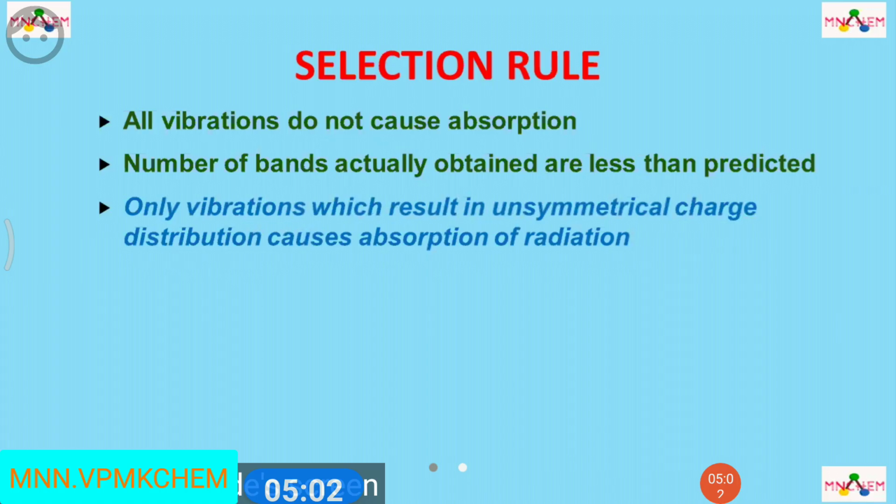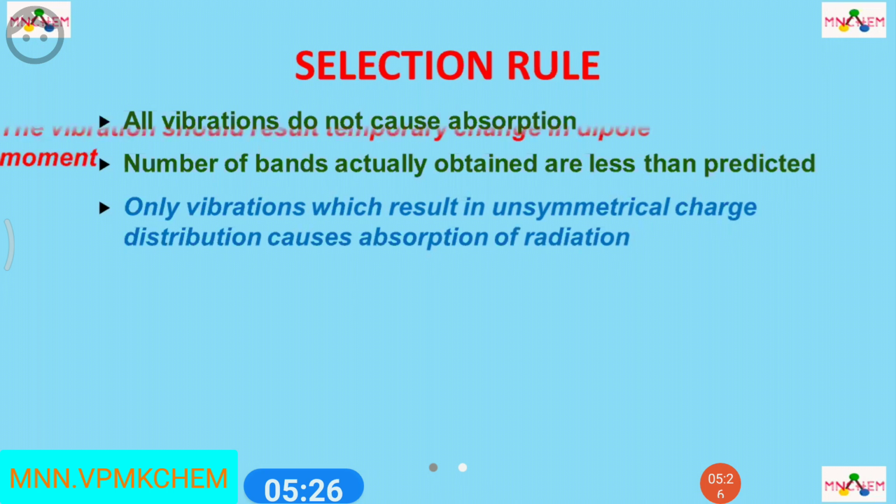So what is the reason behind that? The reason is only vibrations which result in unsymmetrical charge distribution cause absorption of IR radiation. I'm repeating, only vibrations which result in unsymmetrical charge distribution cause absorption of IR radiation.